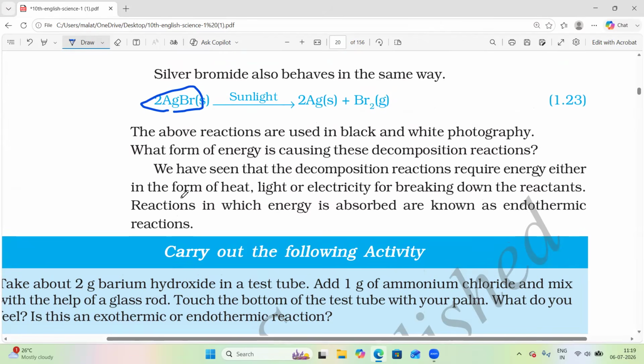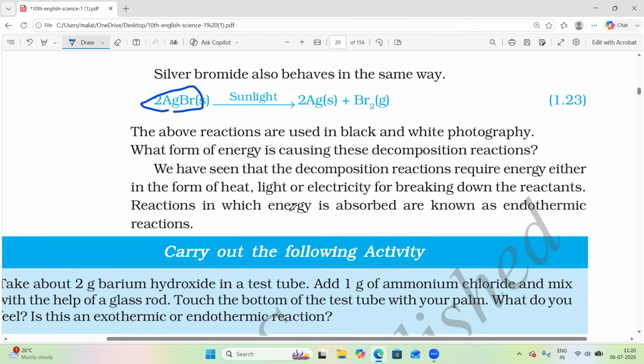What is happening here? Exothermic reactions, we already studied in combination reactions. Exothermic reactions are nothing but reactions in which, while the reaction takes place, we get energy in the form of heat, as a liberation of heat. That is called exothermic. Here, in the decomposition reaction, decomposition requires energy either in the form of heat, light or electricity to break down the reactants.